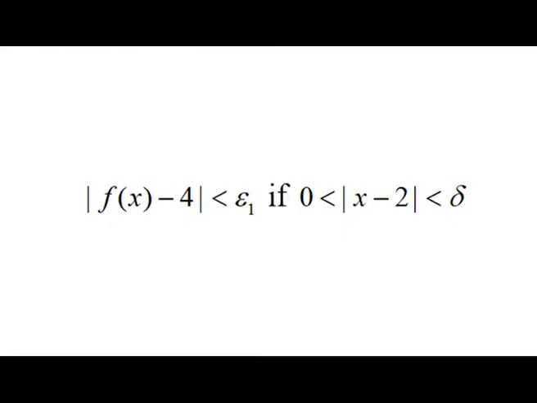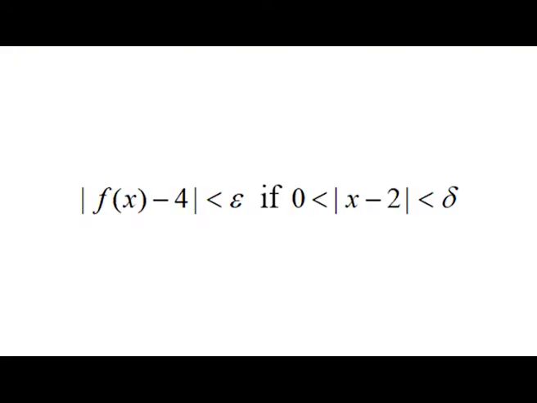Then by the discussion above, corresponding to this ε₁, there exists a δ > 0 such that |f(x) − 4| < ε₁ if 0 < |x − 2| < δ. Since ε₁ < 4 ≤ ε, it follows obviously from the above that |f(x) − 4| < ε if 0 < |x − 2| < δ.